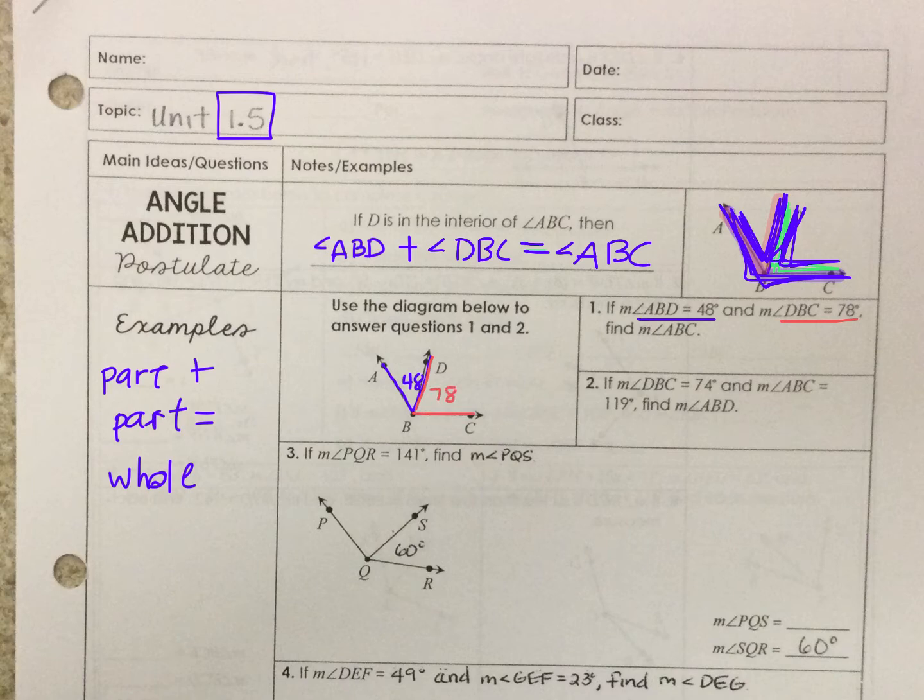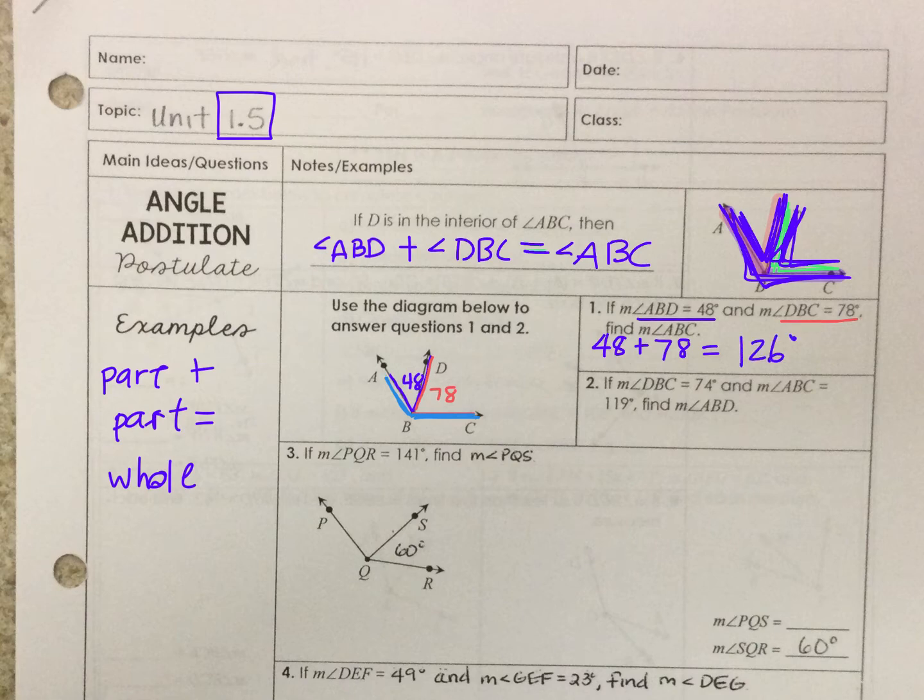And I want to know ABC. So I use my rule, a part. Well, the first part is that purple 48, plus the other part, the red 78. Those are the two parts, equal the whole thing. So all I do is add those up, and the blue outside part is 126.